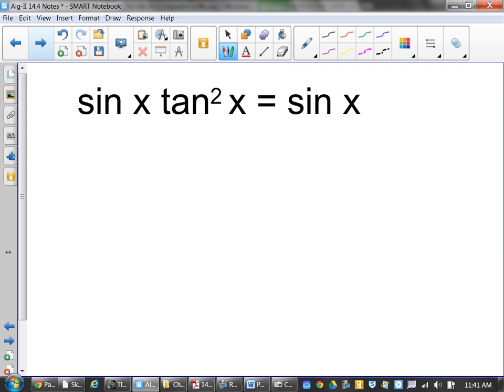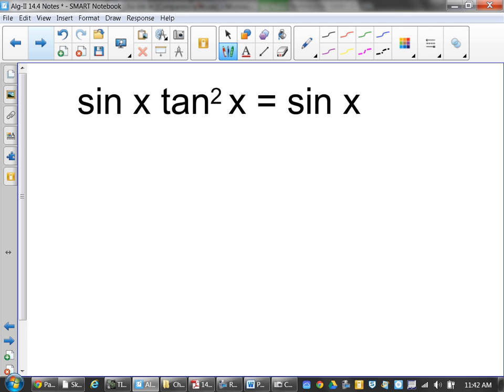Sine of x times the tangent squared of x equals the sine of x. Wait, so when you divide by... Write it out. Are you allowed to divide by the sine of x? Aren't you dividing the same thing on both sides with an equal sign?